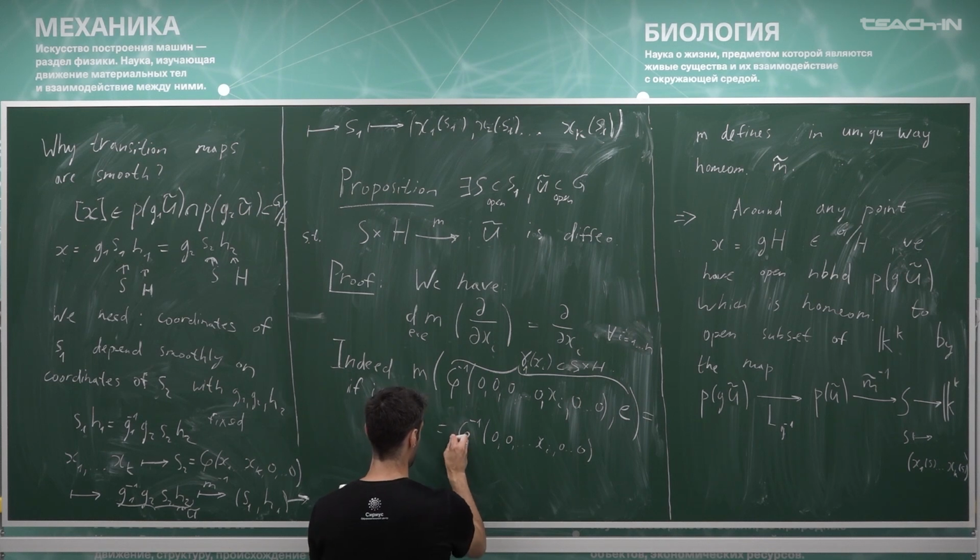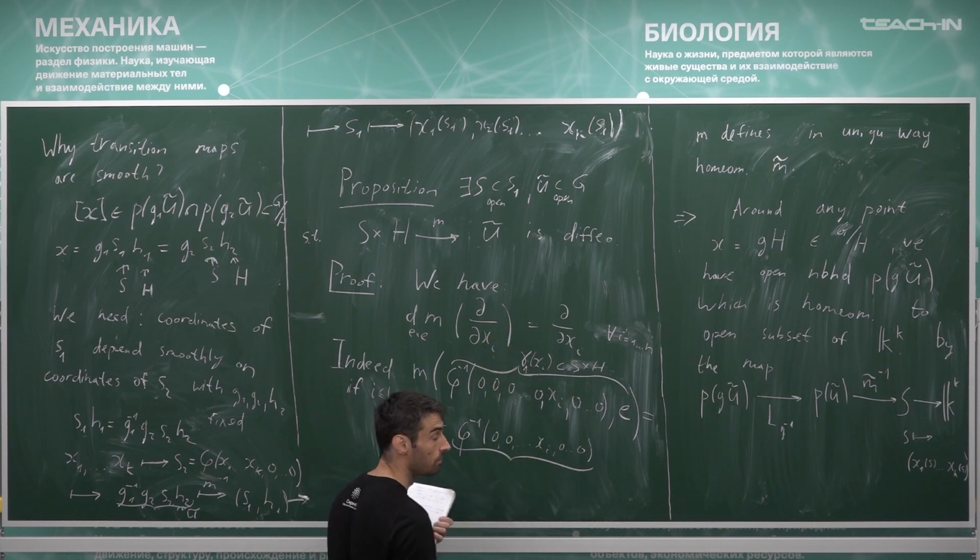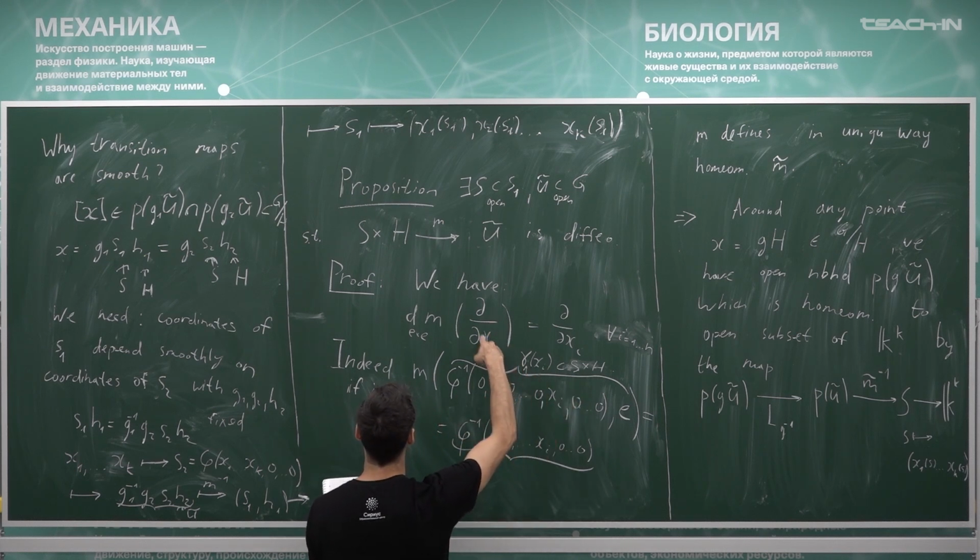On the other hand, this is another curve, and its tangent vector is d over dxi of this curve, a tangent vector to this space.